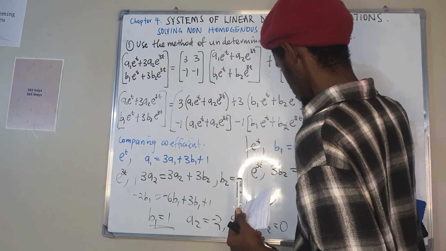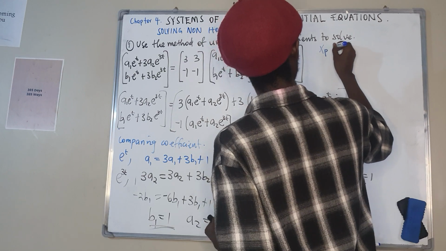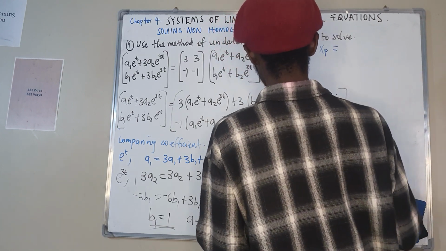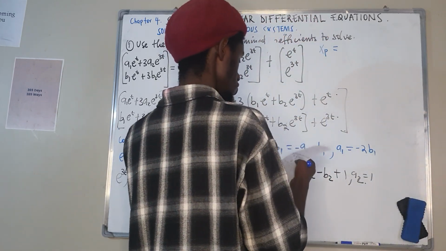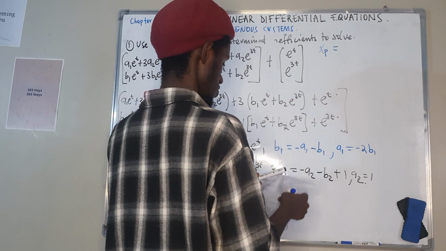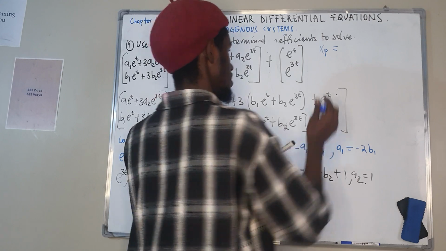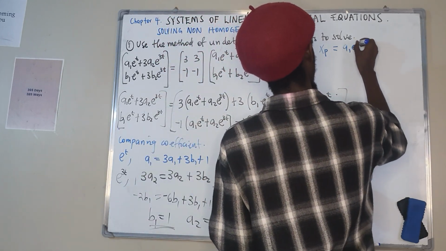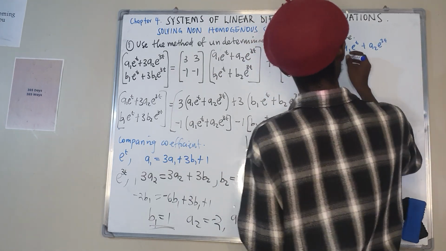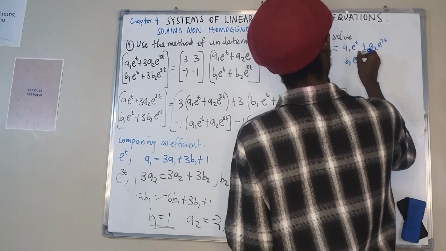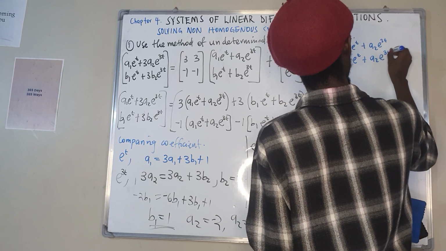Therefore, I'll be able to write my xp in a more simplified form. Remember my xp was, you said, let it be something. My xp is A1 e power t plus A2 e power 3t, over B1 e power t plus B2 e power 3t.